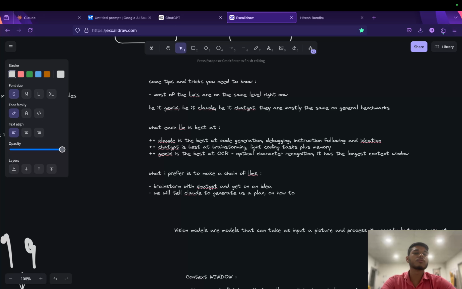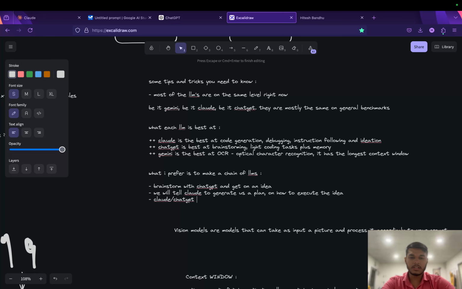Like, I'll tell it I will use Next.js, so it will tell us what we need to do, that we need to make these components, and how to execute the idea.